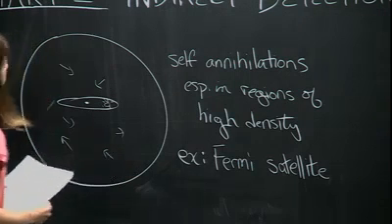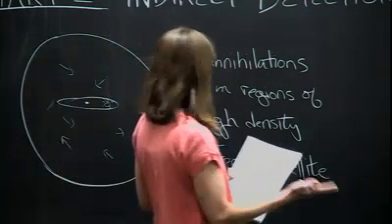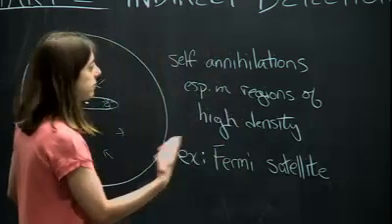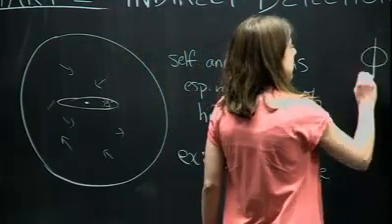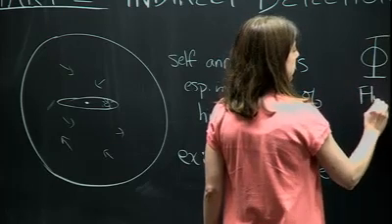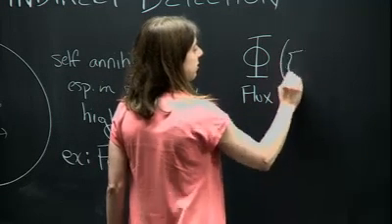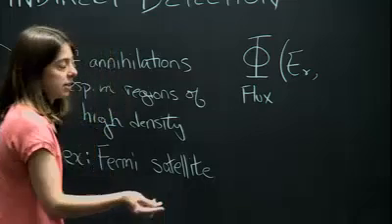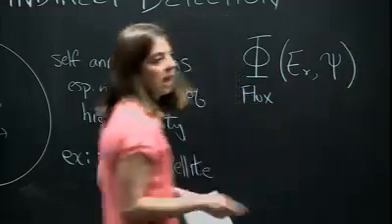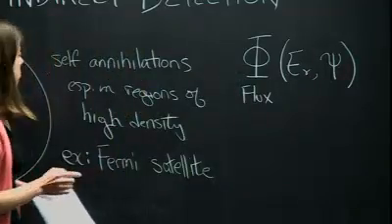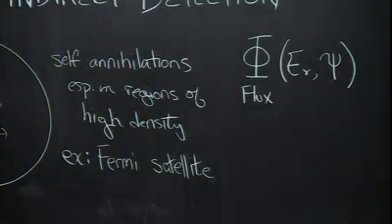All right, so what do you actually measure in this case? Well, what you're looking for is a flux of gamma rays. And so the important quantity is this flux as a function of the energy of the gamma ray that you're seeing and the direction in the sky at which you're seeing it. One thing that you do hope to do with these kinds of experiments is to reproduce the spectrum of the annihilation products as well as the spatial distribution on the sky.